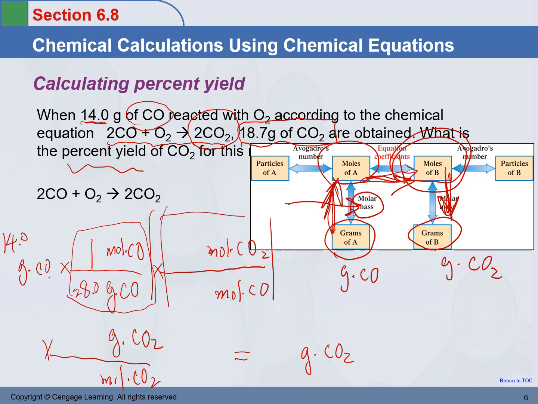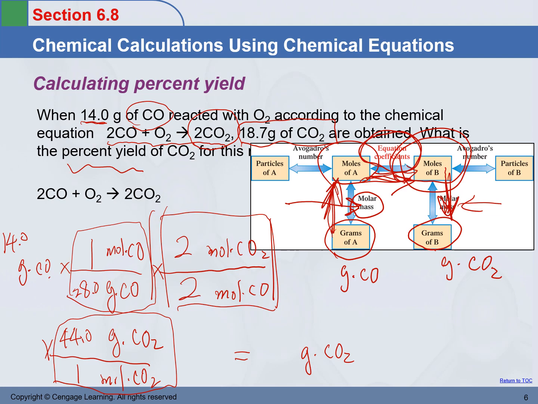And this will be the molar ratio from the coefficients of the equation. In front of carbon dioxide, we have 2. In front of the carbon monoxide, we have 2. And the last conversion factor will be the molar mass of carbon dioxide, which is 44.0 grams per 1 mole.